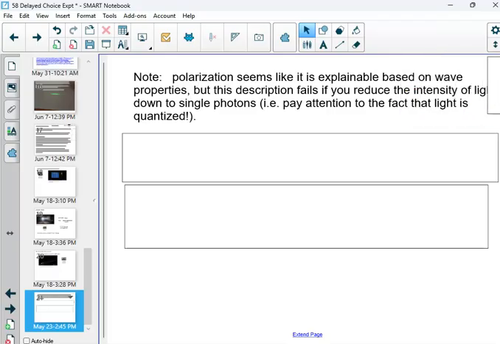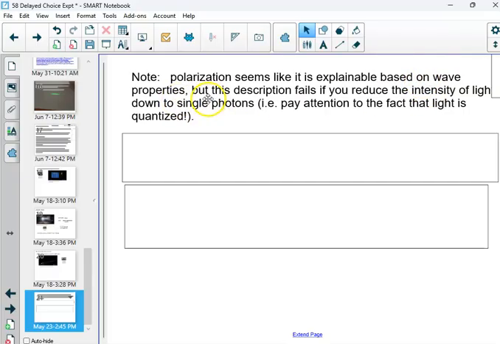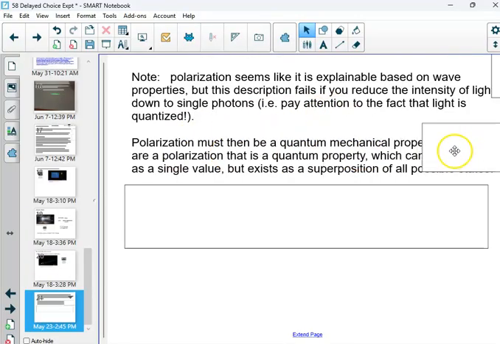Note, or think back to the fact that we thought about polarization as being described based on wave properties. But the description fails if you reduce light intensity down to single photons, right? So we have to pay attention to the fact that light itself is quantized. Really, polarization, as it turns out, is a quantum mechanical property.